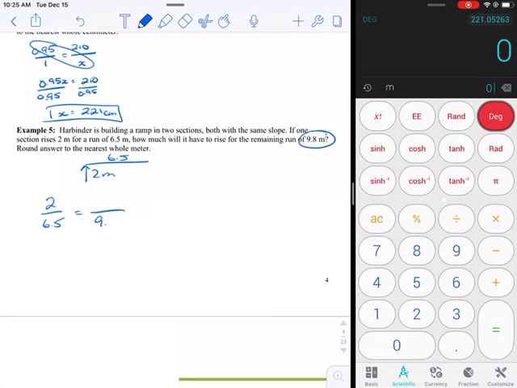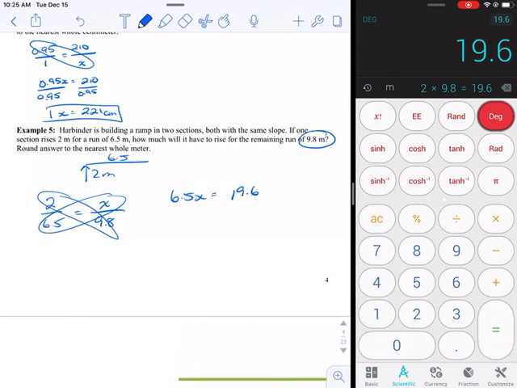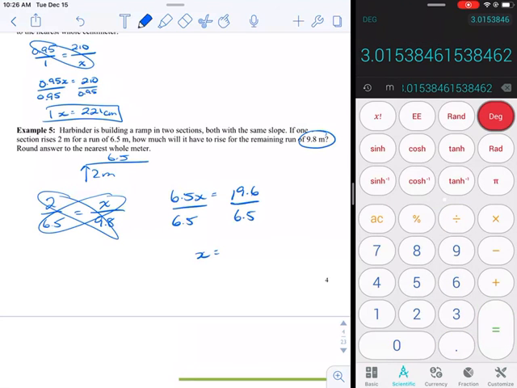So we do know the run, but we don't know the new rise. So cross multiply, you get 6.5x is equal to 2 times 9.8. So 2 times 9.8 is 19.6. Divide each side by 6.5, and you get 3.02. So if we're rounding that to the nearest meter, that's going to be 3 meters.